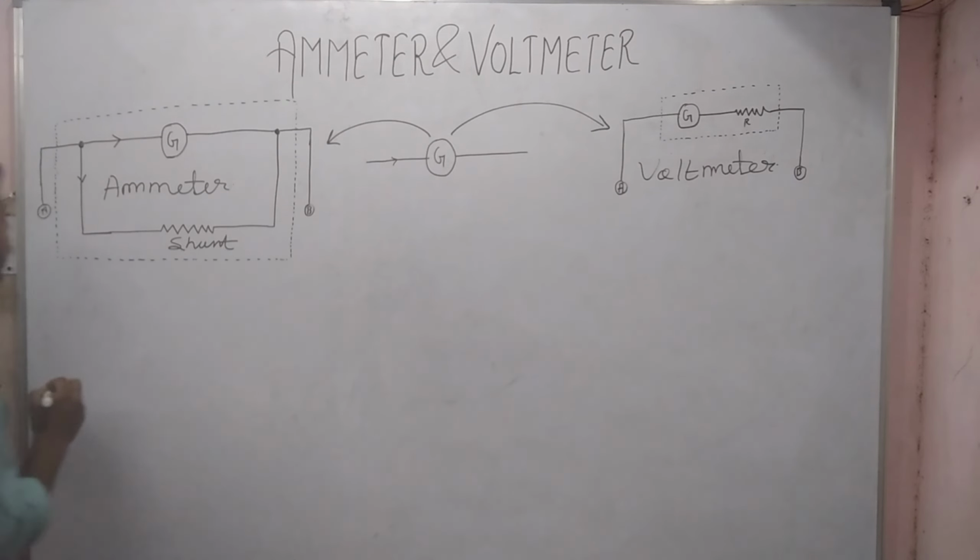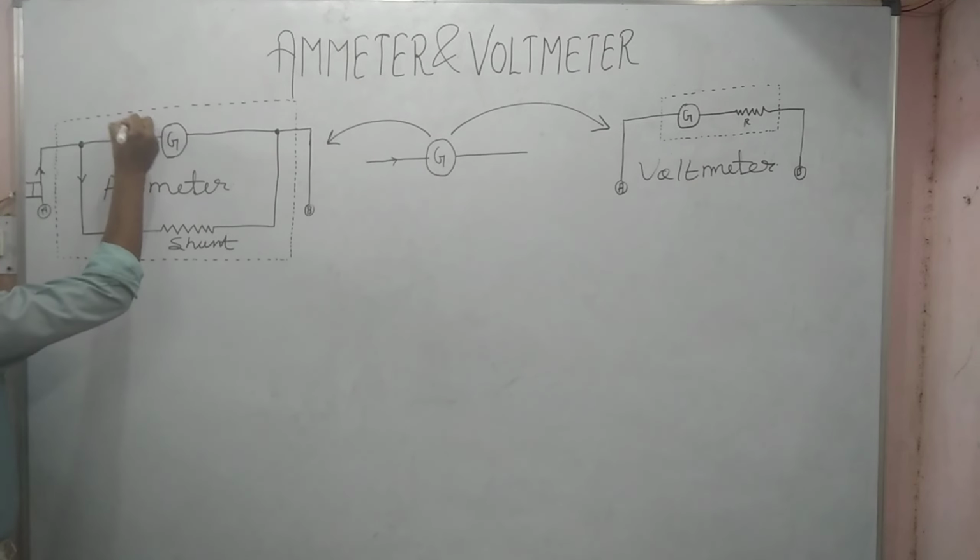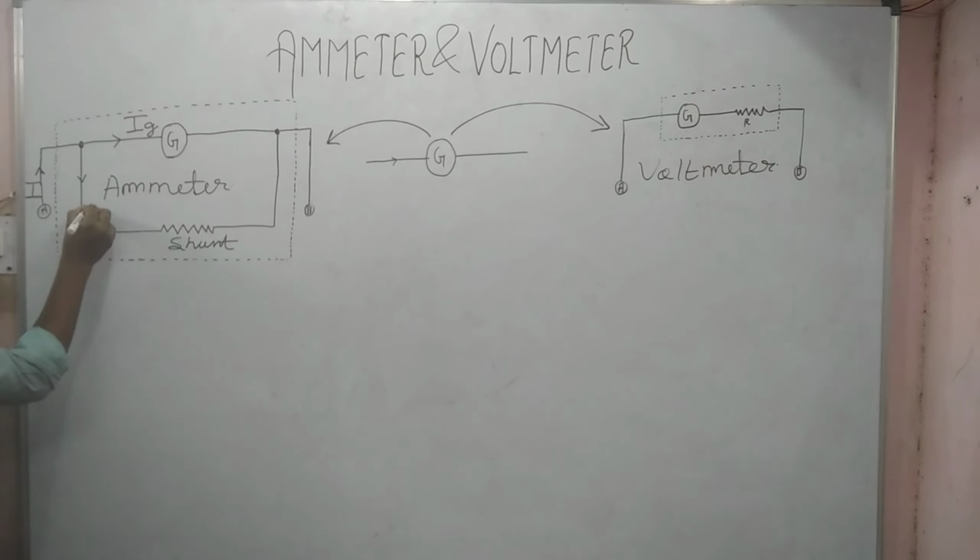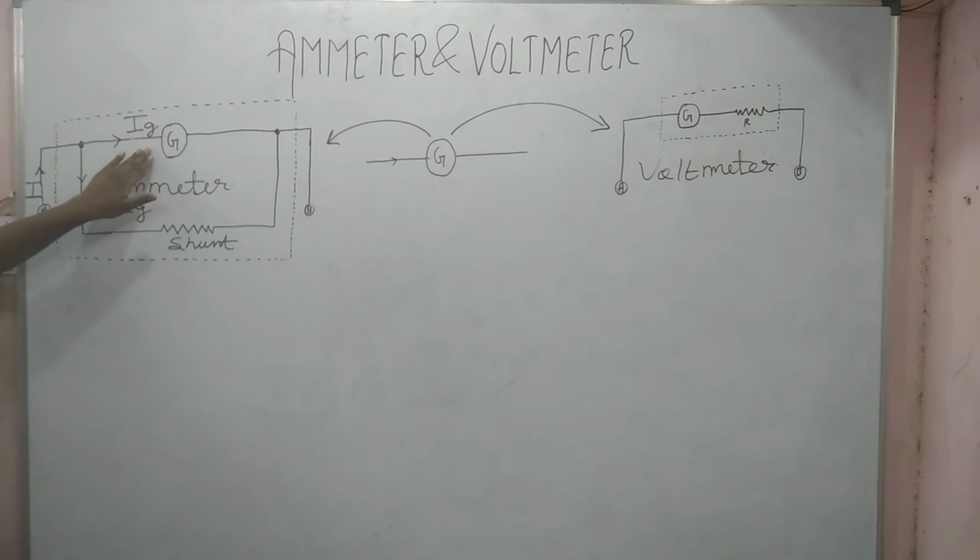Now if we give a current I, then some of the current will flow from this side, some of the current will flow from this side, and the current which passes through galvanometer is denoted as Ig, while the current here is I, that is total current, minus Ig.